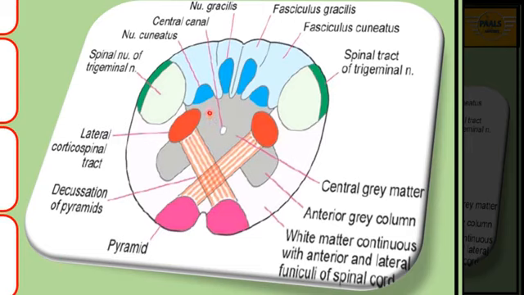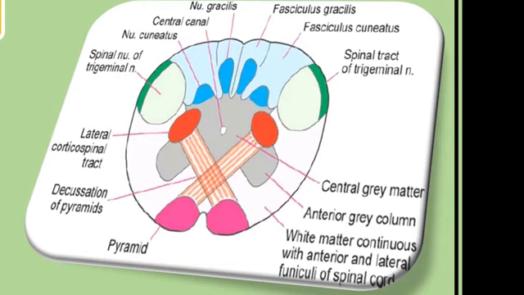Here we are seeing the nucleus cuneatus, which is the gray matter that gave the swelling we saw here, called the cuneate tubercle, and then the gracile tubercle. Medially also, we are seeing the nucleus gracilis. Now, if we come laterally, we'll be seeing the spinal nucleus of the trigeminal nerve.